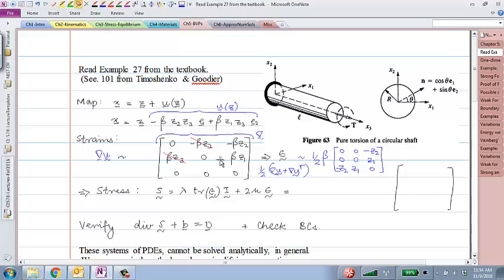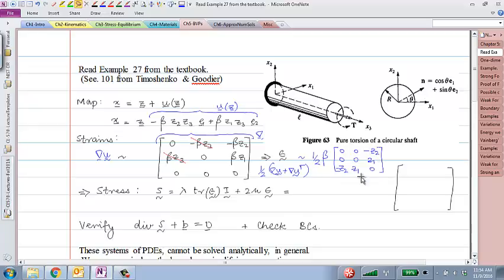So if I take the transpose of this matrix and add it to itself and then multiply by the factor of half, this is what I get. Clearly, this strain field does not have any normal strains. It has two components of shear strain in the 1-2 plane, which makes sense. That's what the torsional moment would do.